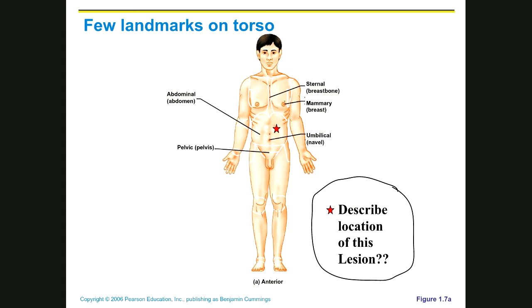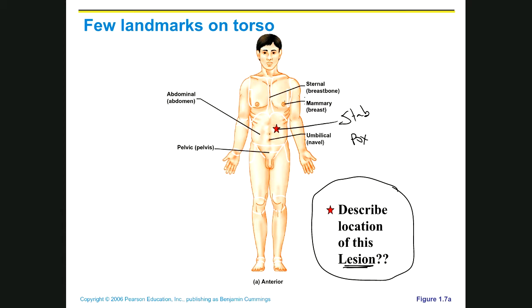And this is a stab wound, or a pox pustule, or I don't know what it is, but it's a lesion of some kind, and you need to tell them exactly where it is. It's going to be difficult to do.